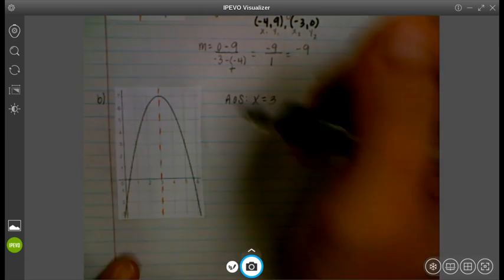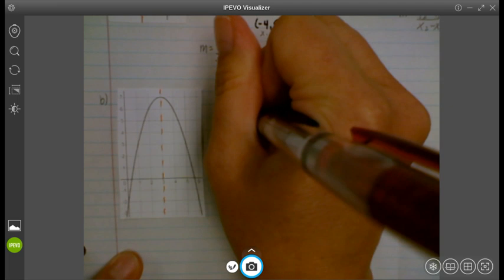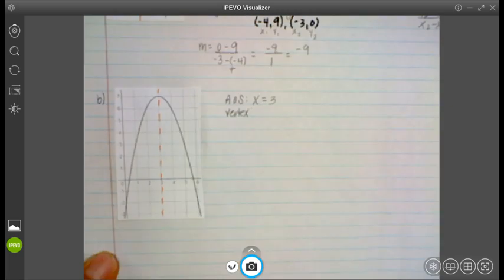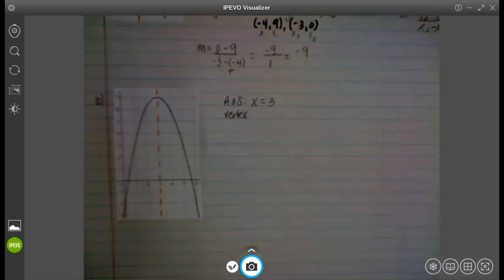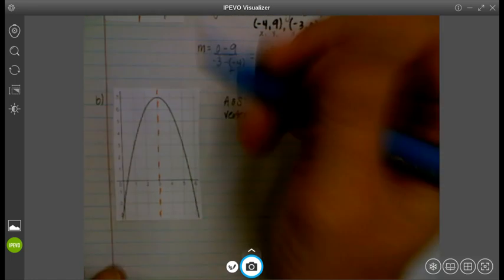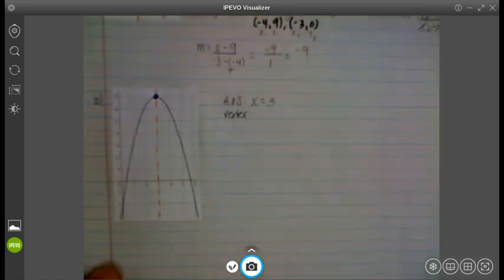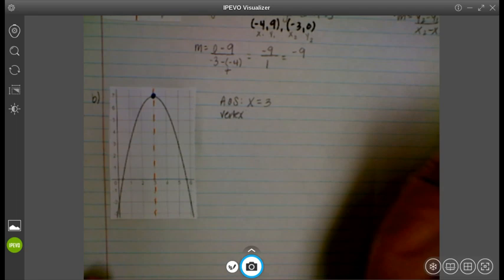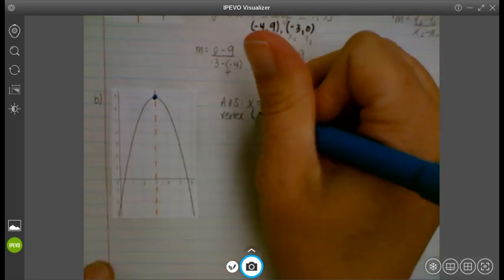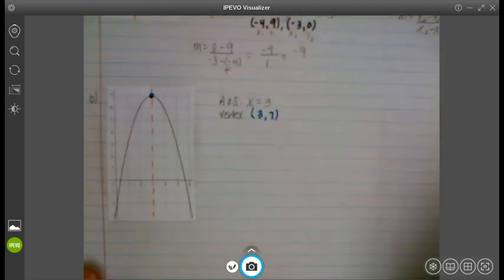The next thing we're going to identify is the vertex. The vertex is right here, and that is the point (3, 7).